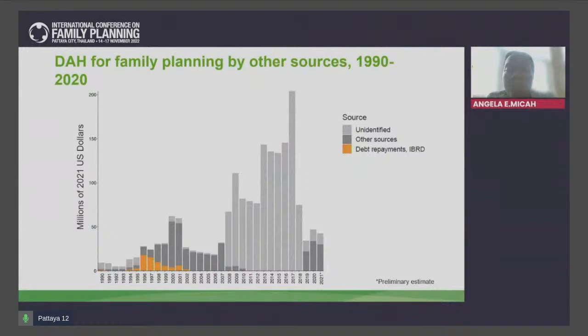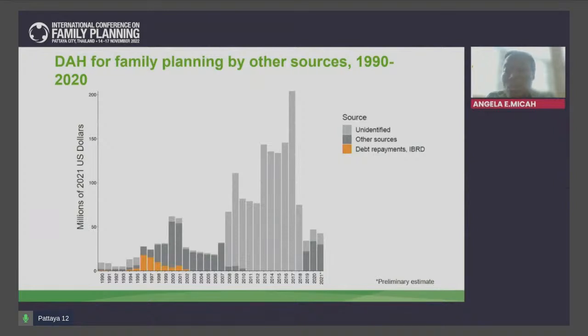Lastly, we have a slide that's looking at other sources. These might include sources such as investment income at the development banks or repayment sources. We see here that not a ton of resources have come from this particular source and it has varied over time.